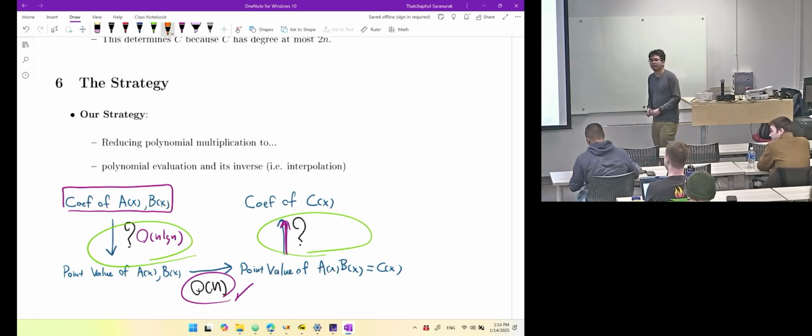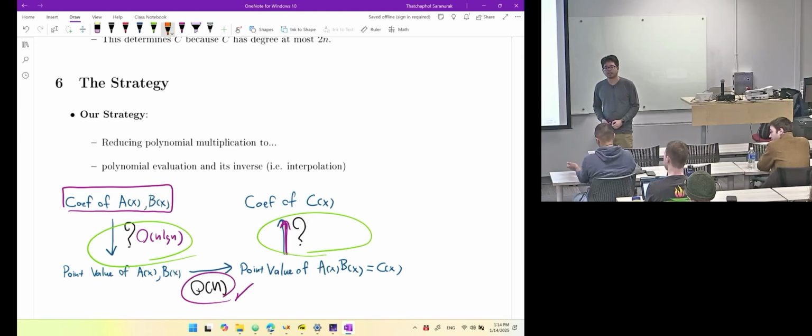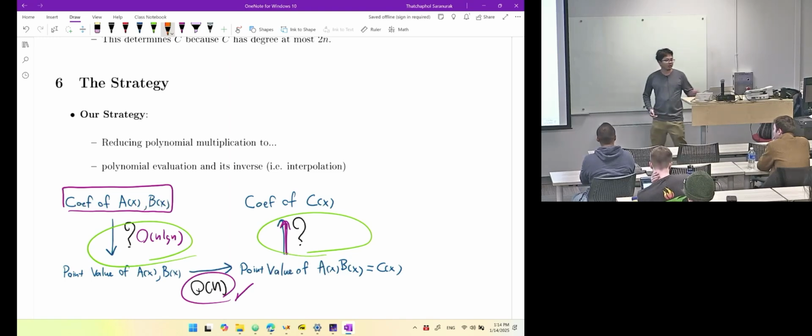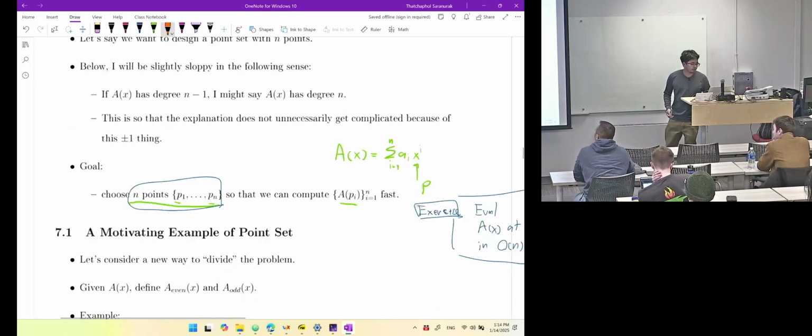Can you define A even, A odd again? I'm a little confused about how, if we square x, they result back. A even and A odd are defined in this way.